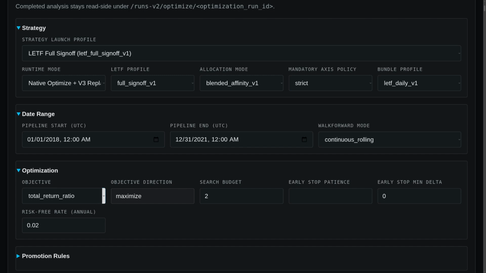But I realized that I had implemented some basic objectives that I thought were pretty good to start with, but I didn't really have any empirical reason to pick one over the other, and I didn't really want to get into, basically, data mining for the best result based on objective.